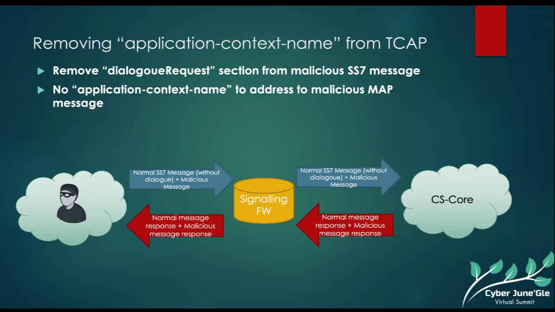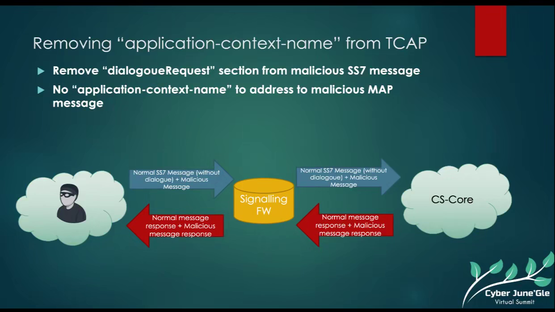According to the picture, you can see the hacker is trying to send a normal SS7 message without a dialog, which means the hacker removed the dialog request from the SS7 message.